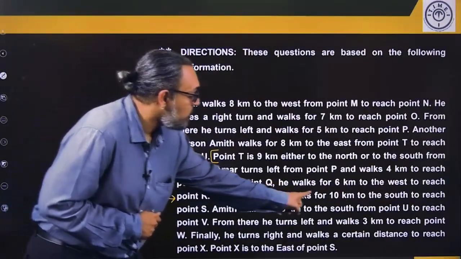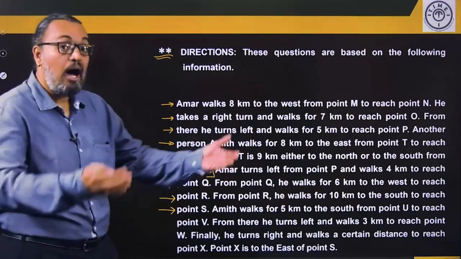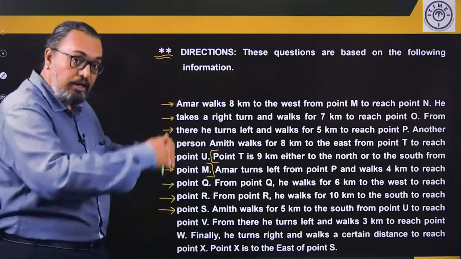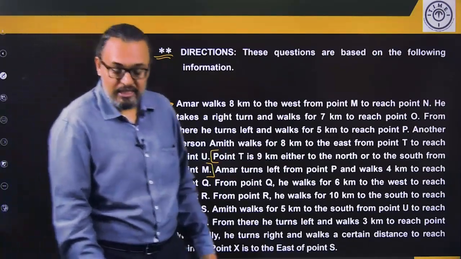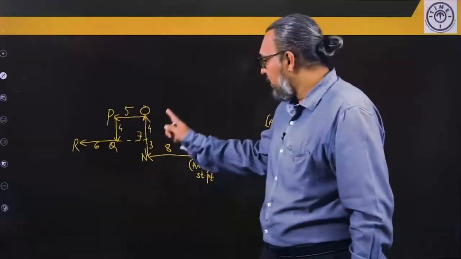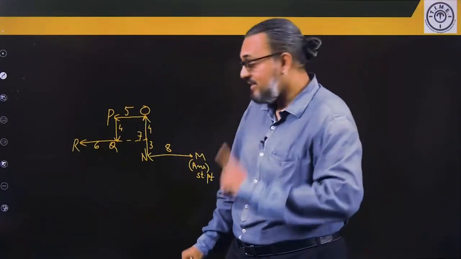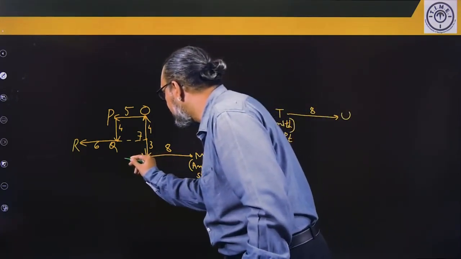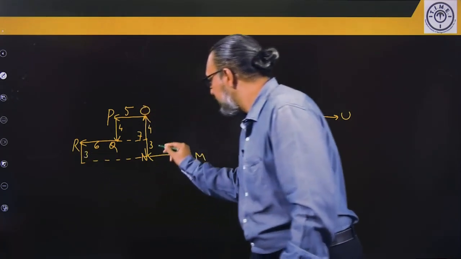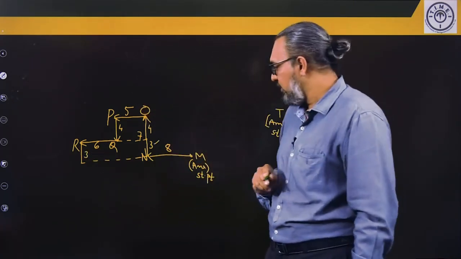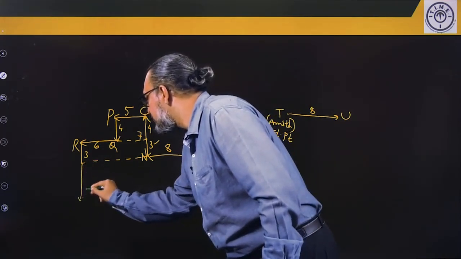Then what else? From R he walks for 10 kilometers to the south to reach S. So from R south is below. So he is walking down below, down direction, and he is traveling for 10 kilometers to reach S. Now you need to be careful here, I know this is already 3 because here you have the 3, and further down he is traveling for another 7 kilometers.